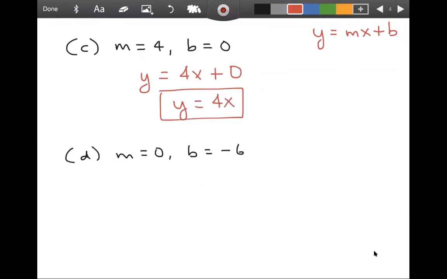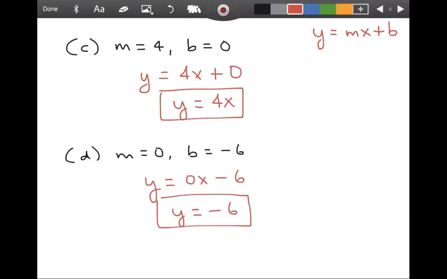And finally, m equals 0, b equals -6. I might start off writing y equals 0x minus 6. But then you can simplify that to y equals -6. Done. All right, let's see what's next.